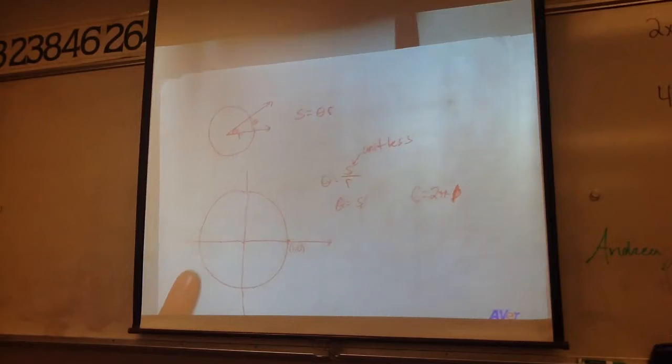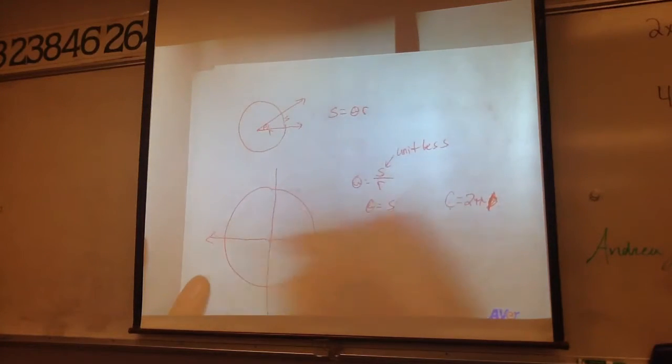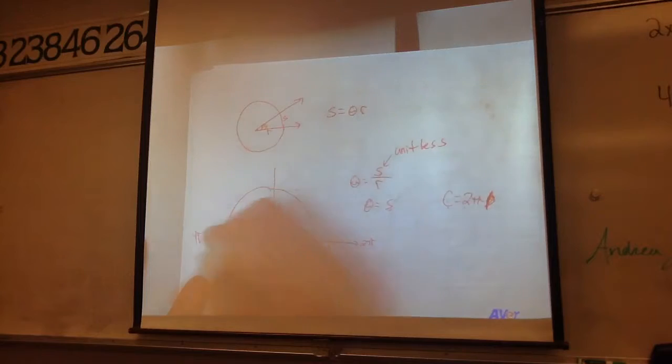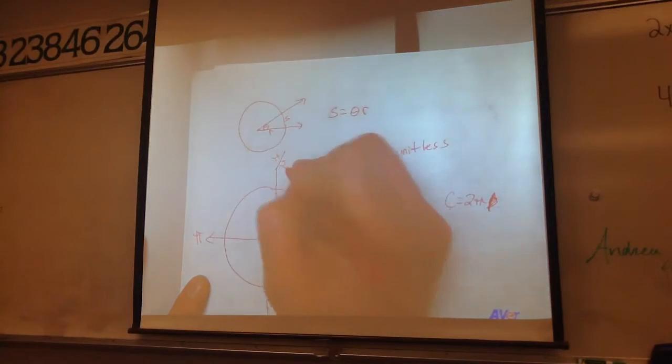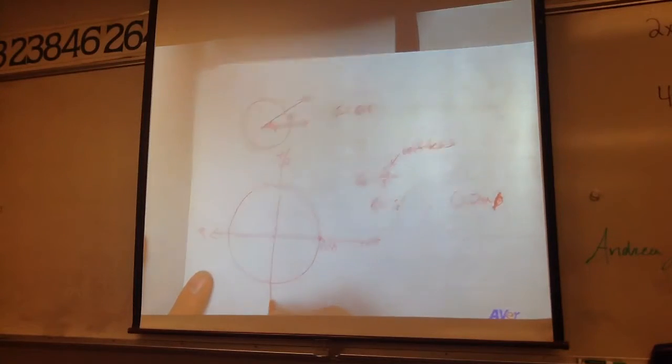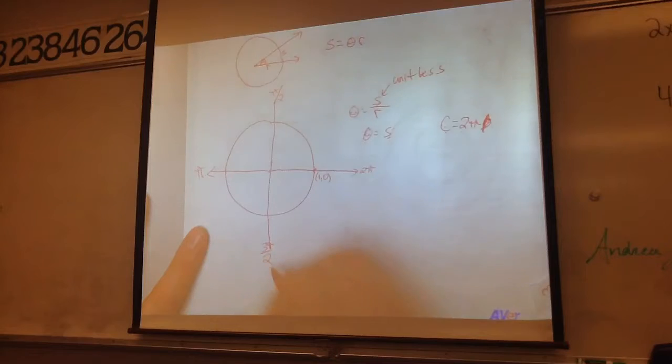So a full circle is 2 pi. If you go half a circle, what angle is that? That's pi. If you go a quarter circle, what angle is that? Pi divided by 2. Yeah, that's right. This is 3 pi divided by 2.